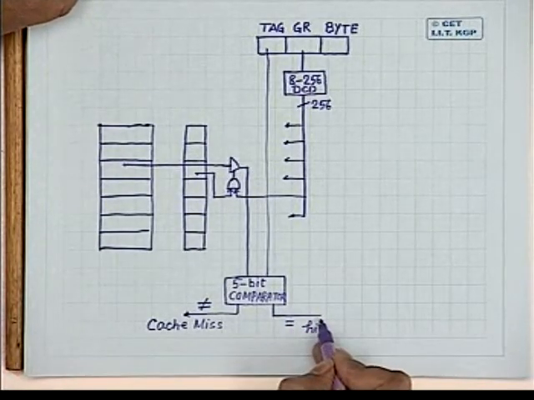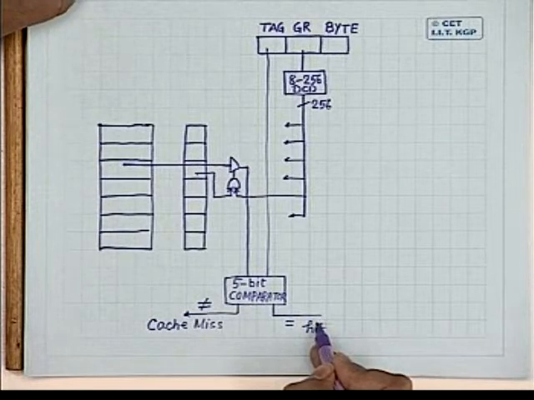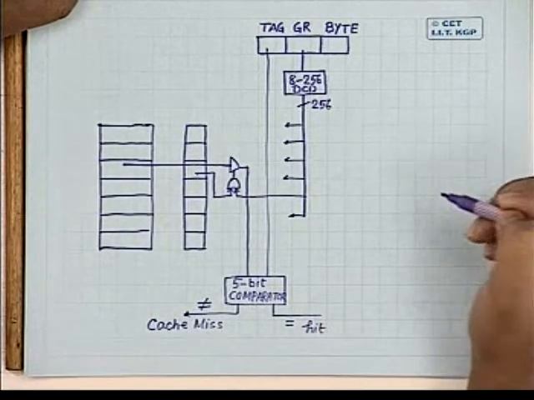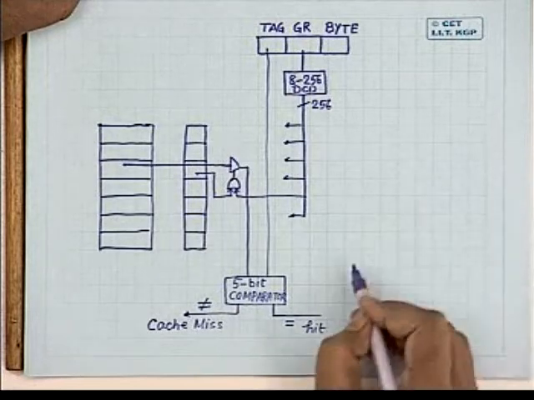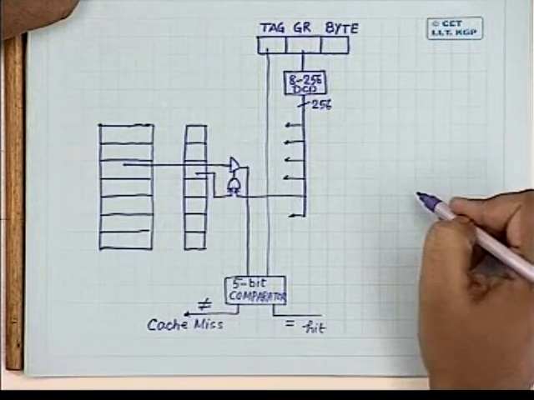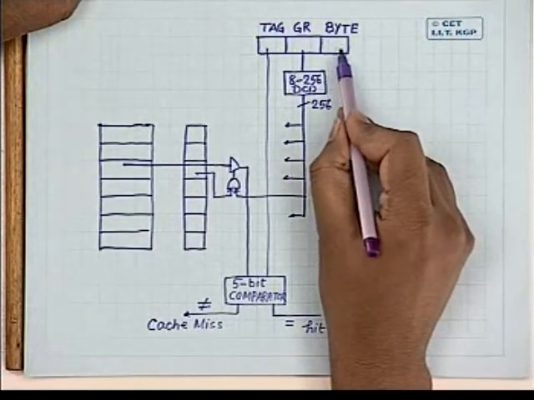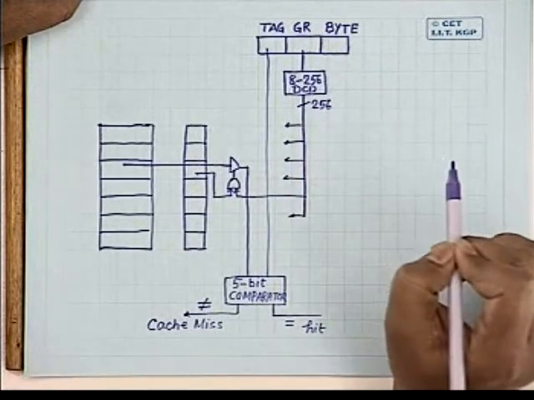Now, if I have a cache hit, then what I have to do is extract the corresponding block from the cache memory, and from the block I have to select the particular byte which is requested.